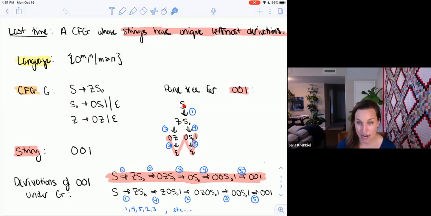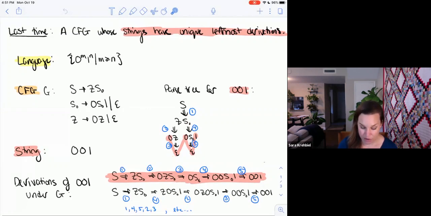So we're going to start at S, and then there's only one place to go. We get ZS. And so we expand on the left first. We expand the Z variable. And then we have 0Z S naught, and we'll expand Z again, sending it to epsilon.